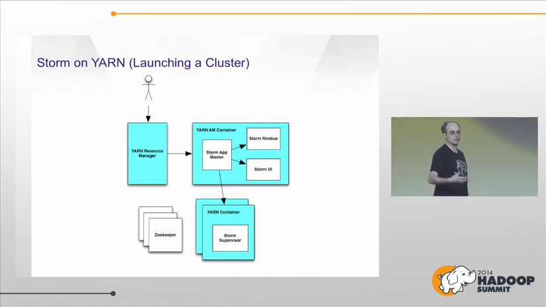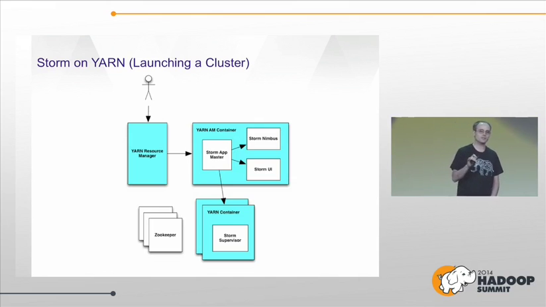And in turn, it will launch a Storm application master. This app master is now responsible for bringing up the cluster itself. It will launch an instance of Nimbus, it will launch an instance of the UI, and then depending on how it's configured, it will go off and request resources for individual supervisors to come up and launch those supervisors as needed.